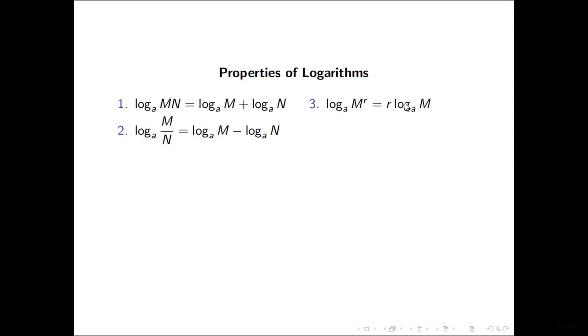Also, we have this property, logarithm of m to an exponent r base a is equal to r times the logarithm of m base a. In other words, you can just drop down the exponent and multiply it to the logarithm of the base m.